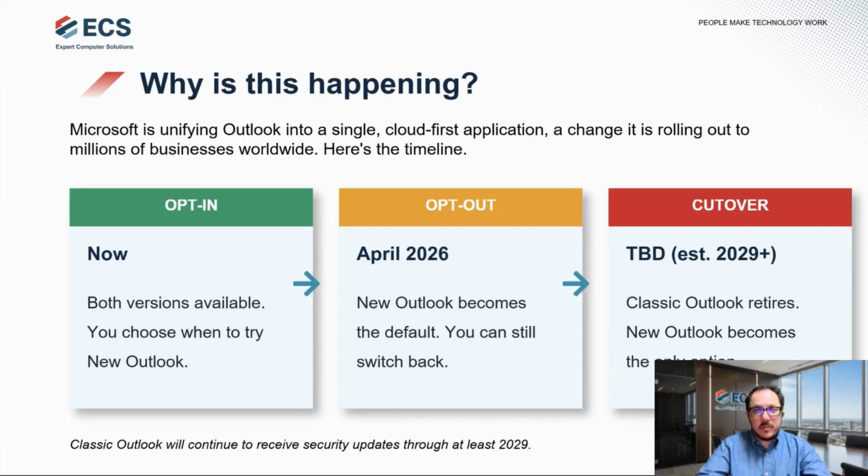So, a couple of things to know before we get into this. There are two different versions of Outlook for Microsoft Office, and Outlook is an application that's used to receive your emails, manage your contacts, manage your calendar.